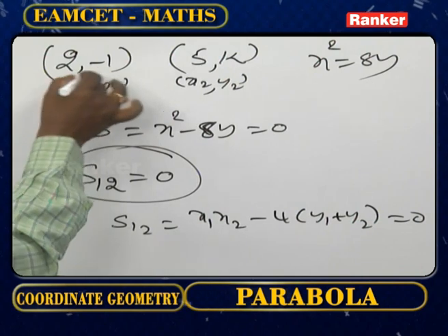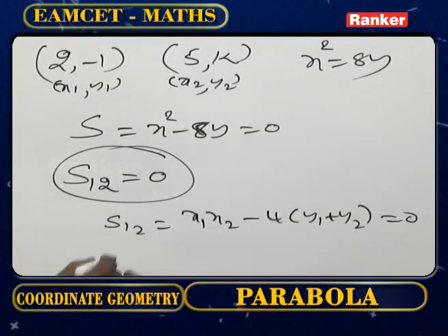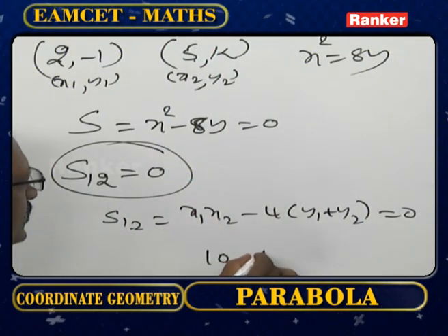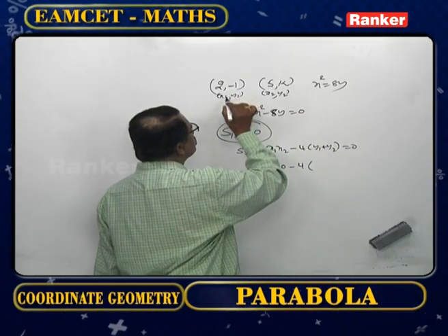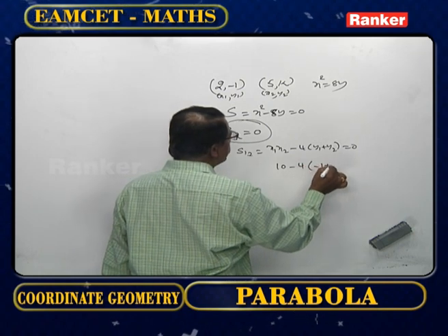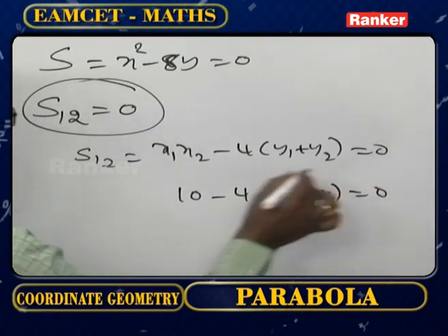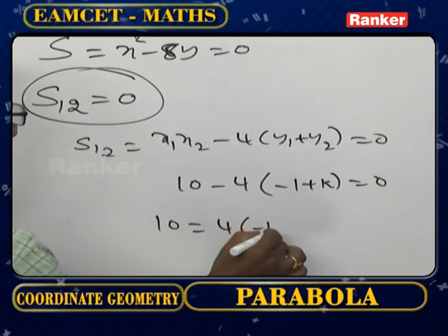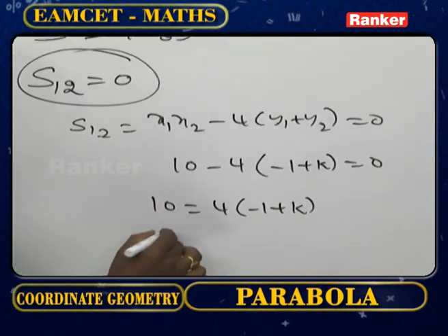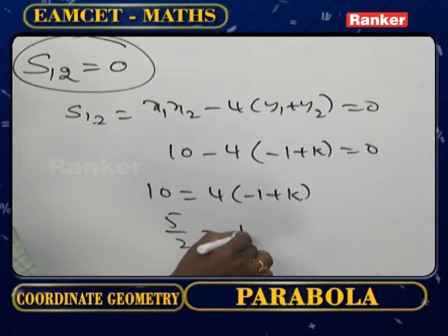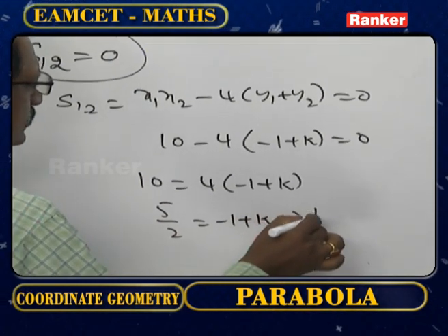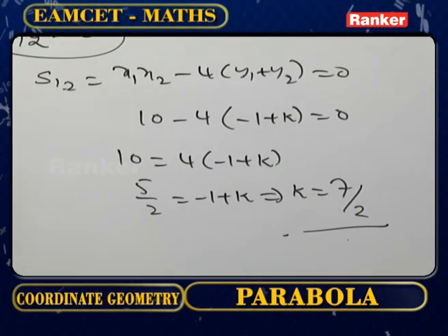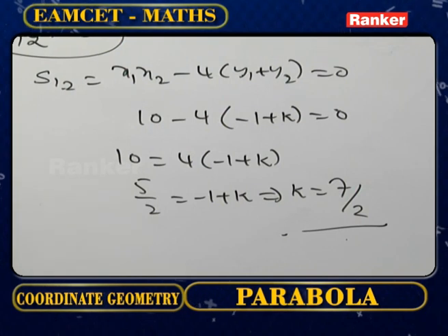Now substitute the given points in the equation S12 equals 0: 10 minus 4 into (minus 1 plus k) equals 0. Now 10 equals 4 into (minus 1 plus k), or 5 by 2 equals minus 1 plus k, then k equals 7 by 2. The value of k equals 7 by 2, second option.